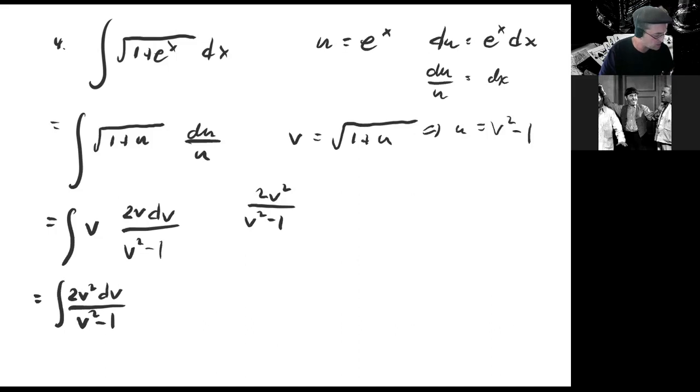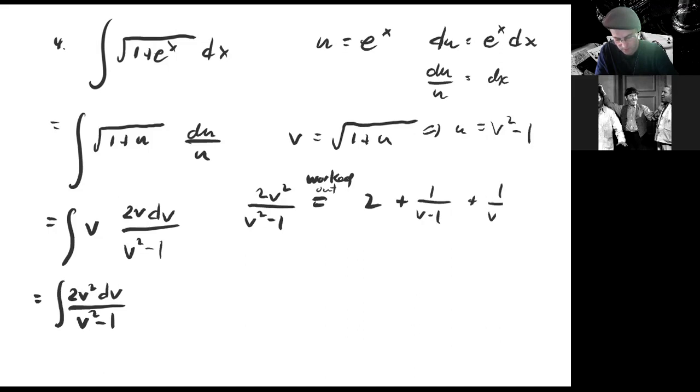I worked this out myself before, and I got 2 plus 1 over v minus 1 plus 1 over v plus 1. You can check that that works.